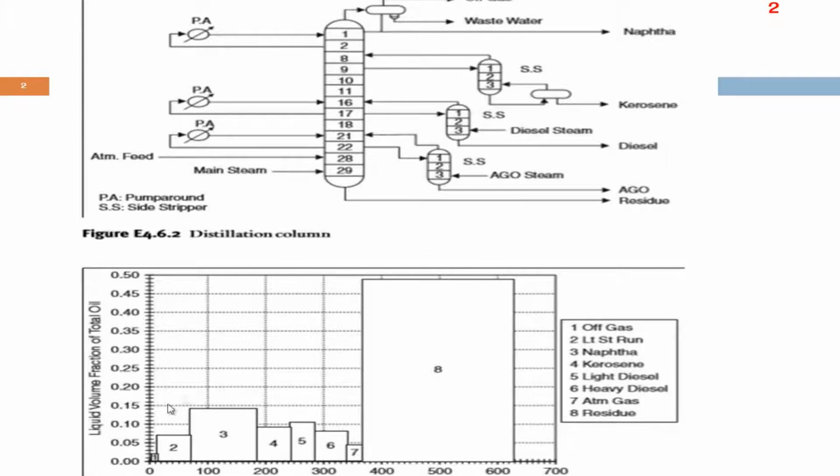We will focus on three of these: the first one is off gas, then straight run gasoline, and the third one is naphtha. So we have learned how to get the percentage of those products.